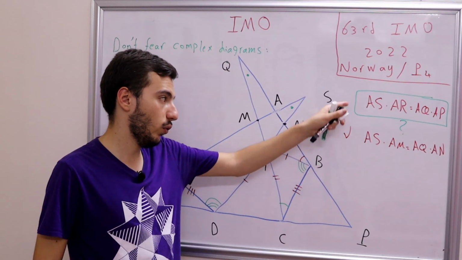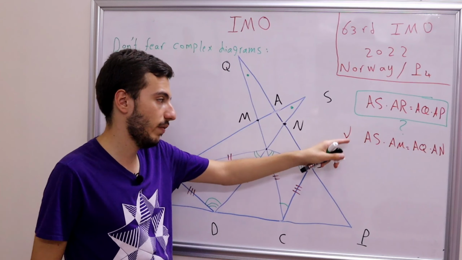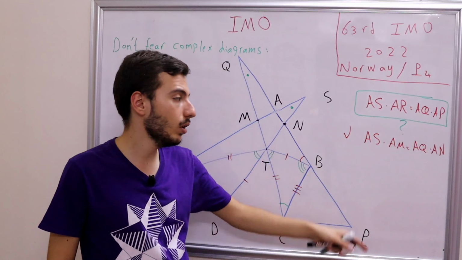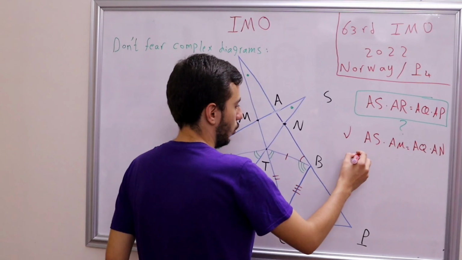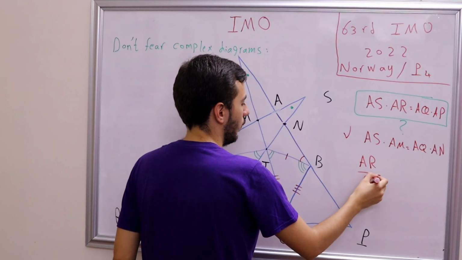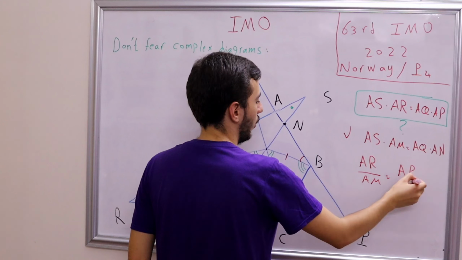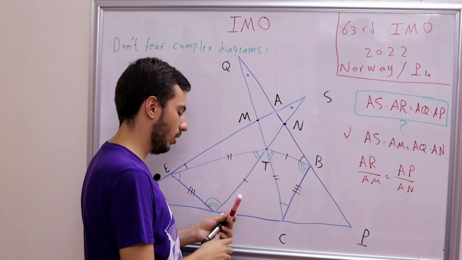Well, if we compare the two relations by simply dividing them, because by dividing them we will get rid of AS and AQ will cancel as well. So we will get something really nice. What we need actually to show is simply AR over AM equals AP over AN. That's what we really need to show. If we can show that, then we'll be done.